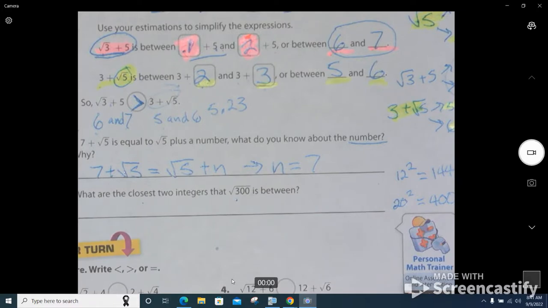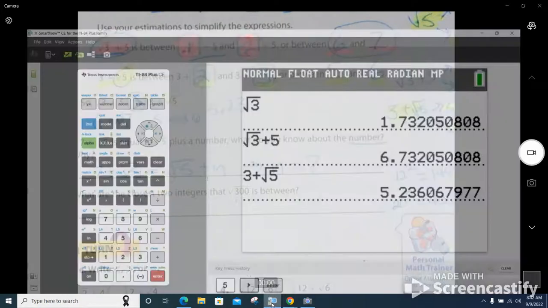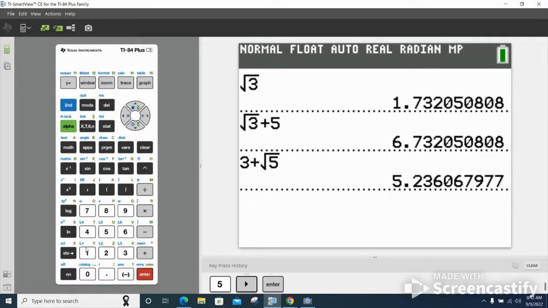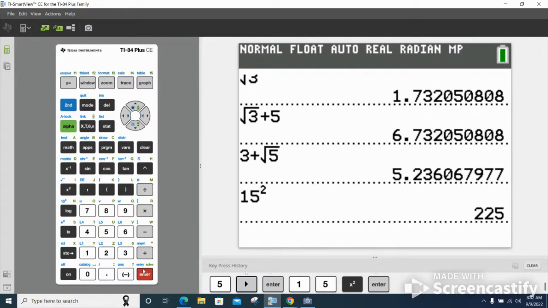Well, we want to figure out what it would be close to. So here's what we're going to do. We're going to set up our calculator. And let's do 15 squared. Remember, if you ever want to square anything, just hit this button here and it puts the little superscript 2. All right? So 15 squared is 225.